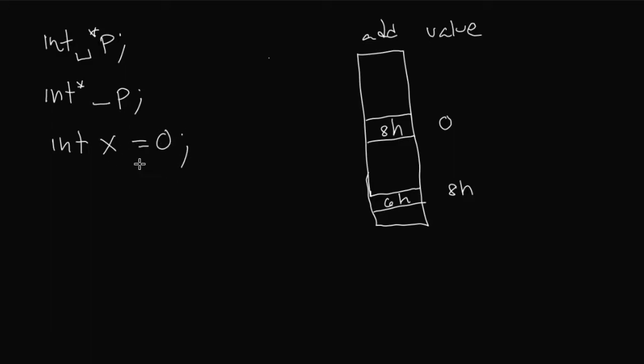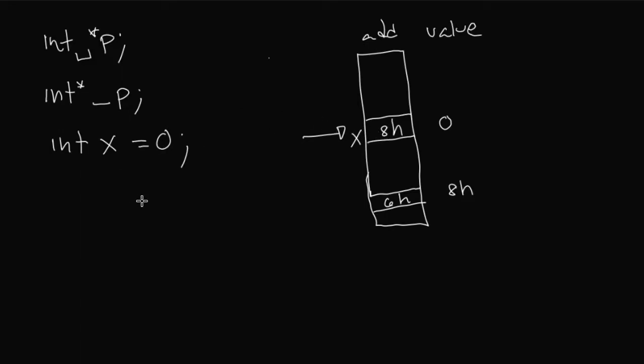The compiler allocates a certain memory for a type integer, and let's say that memory is this one here, 8H. So we can find this contains x with value 0, and then the pointer p, we assign this pointer p to this particular address.